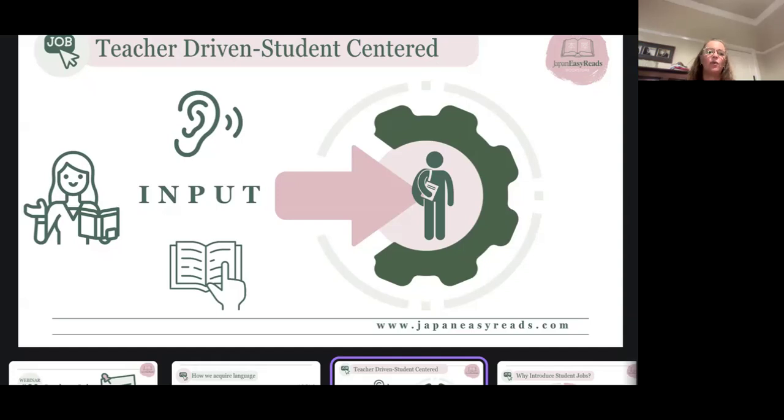And instead, the shift was providing input that the students found interesting enough for it to hold their attention and for them to engage and really listen for meaning, because once that meaning was grasped, I knew then that the acquisition was happening. And for us to build up that mental representation, that's what we need to provide. That needs to be our number one role in the classroom, is to provide that input.